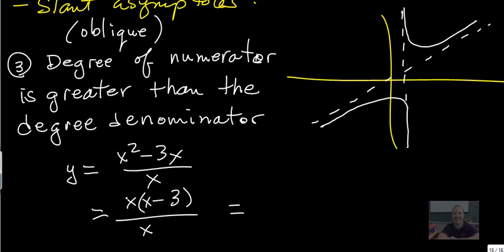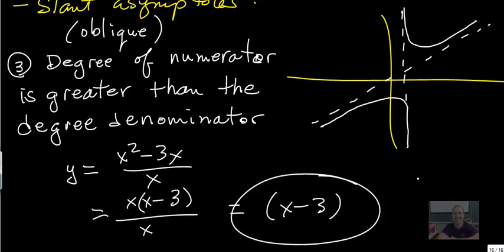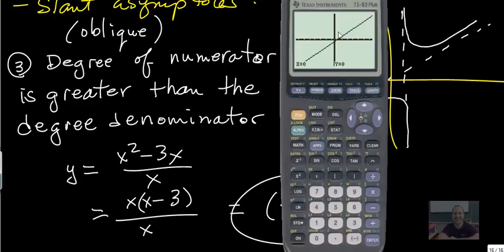The x's divide out, so it's actually going to end up looking like this. Now, it just so happens that this would be the equation of the slant asymptote if we weren't able to divide anything out. But this is actually not the example that I really wanted for you.